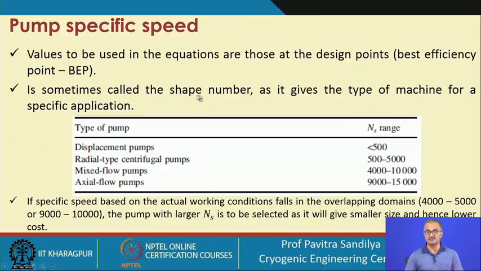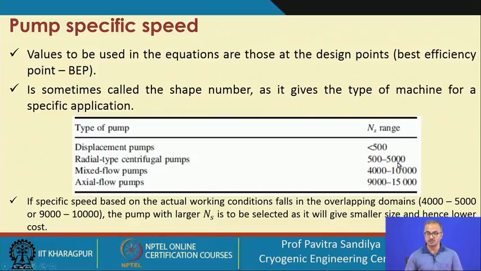It is also sometimes called a shape number, as it gives the type of the machine to be used for a given application. Here we are showing typical figures of the various Ns for different types of pumps. We find that displacement pumps have the lowest Ns, whereas axial flow pumps have the highest value of the specific speed, and in between we have the radial type and the mixed flow type pumps.